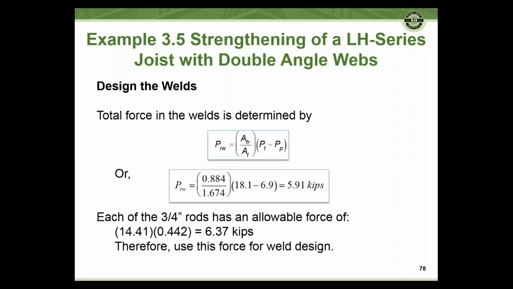We take our ratio out, and we get that our force in our rods is 5.91 kips. Again, we did calculate those for each 3/4 inch rod. The allowable force in those rods is 14.41 ksi times the area, which is 6.37 kips. So we're going to use this force for our weld design.